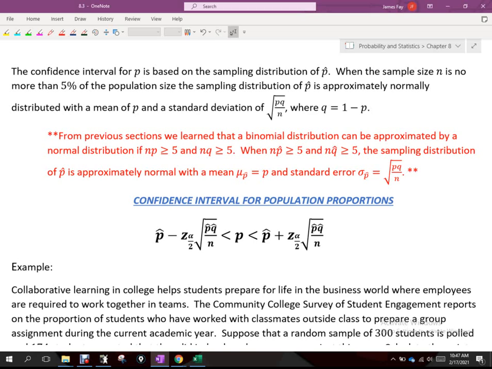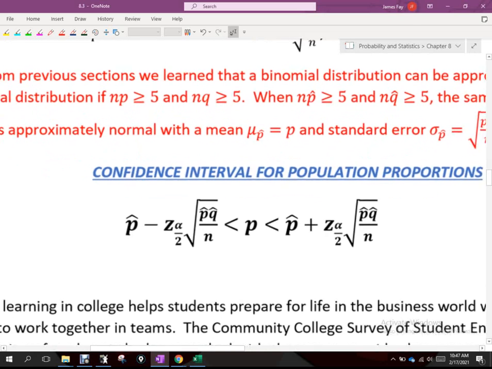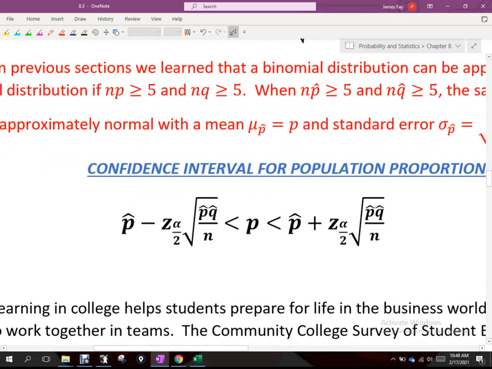That's why in the confidence interval formula, our best estimate for P is we start with P hat and we subtract our margin of error, which is Z sub alpha over 2 times the square root of P hat Q hat over N. On the right-hand side of the inequality, we then add that to P hat, and that's going to give us our interval.